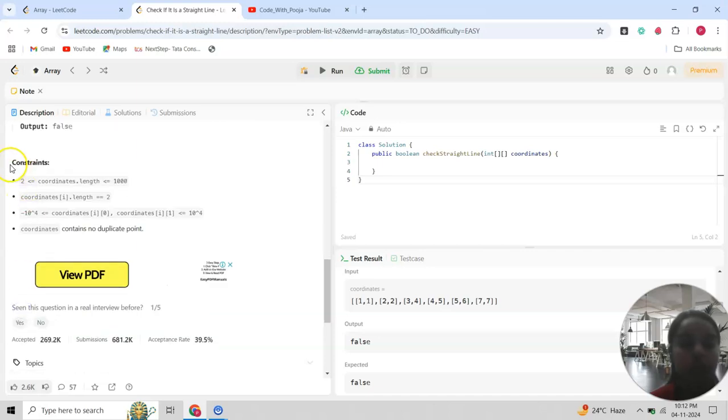Now, when working with arrays, the most important part is the constraints. The coordinates length will be at least two, because we need at least two points to find out whether it is a straight line or not.